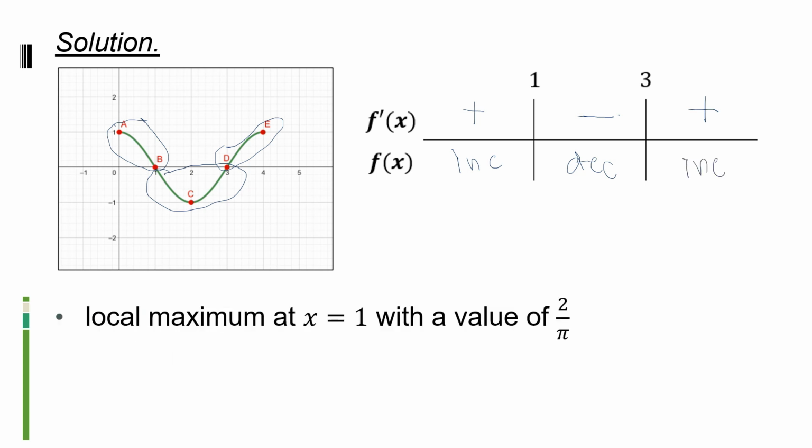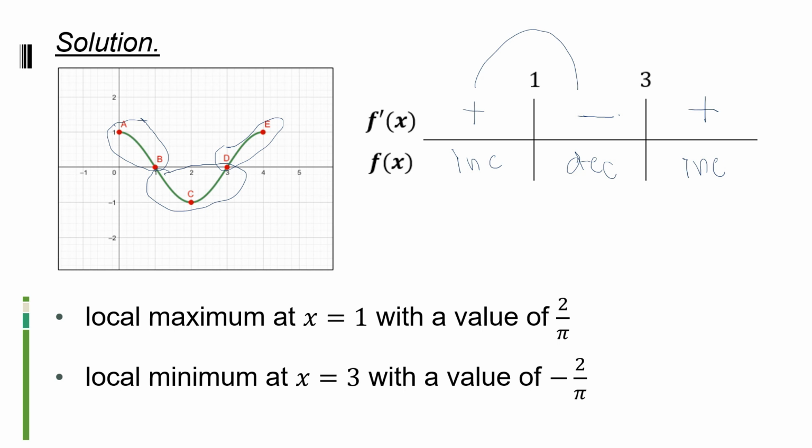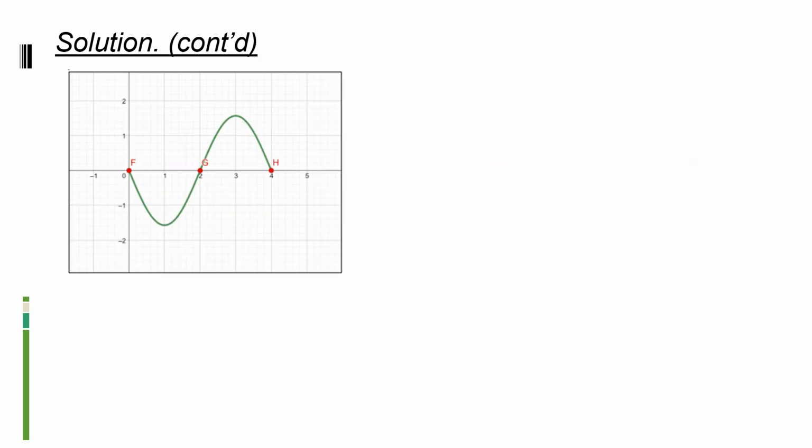This also means that we have a local maximum at x equals 1 because it changed from positive to negative, and its value is 2 over pi. And the local minimum at x equals 3 because a change also happened, with a value of negative 2 over pi. These were given earlier in the problem. But now, we know that it is at x equals 1 and x equals 3.